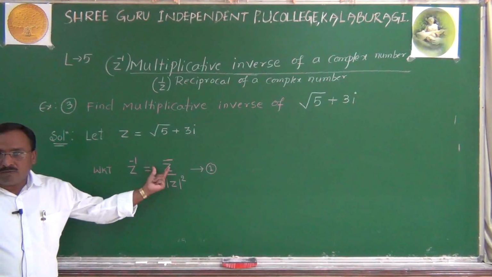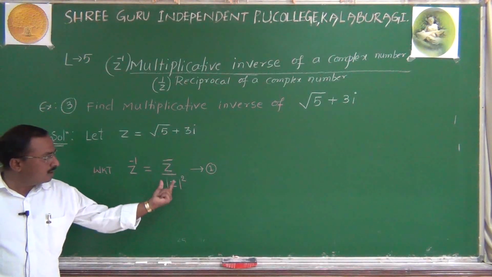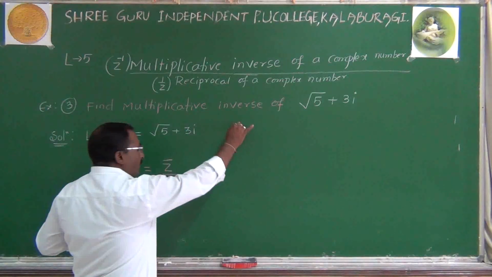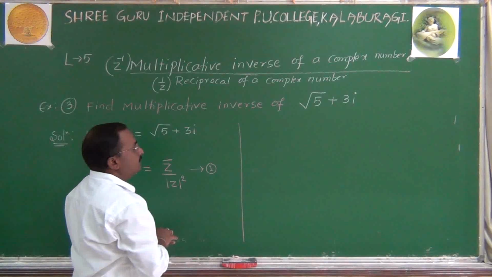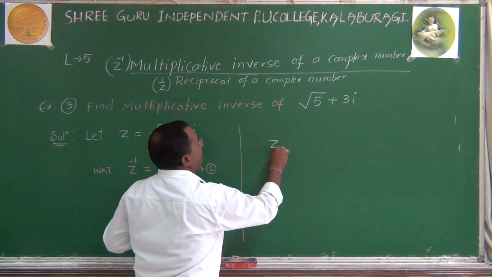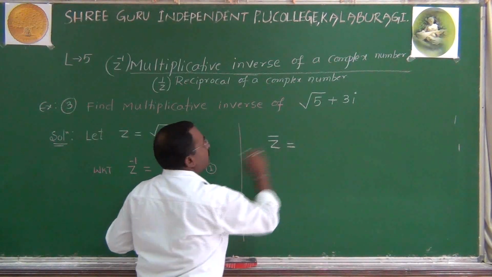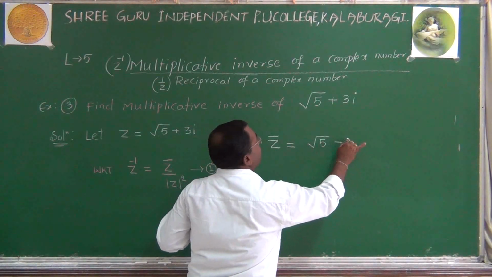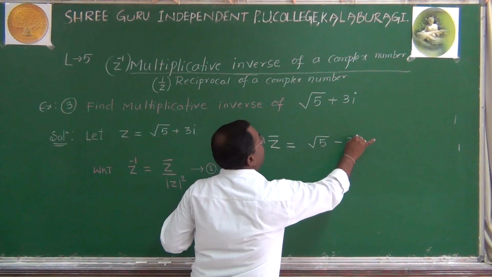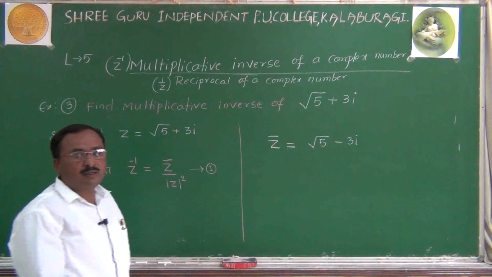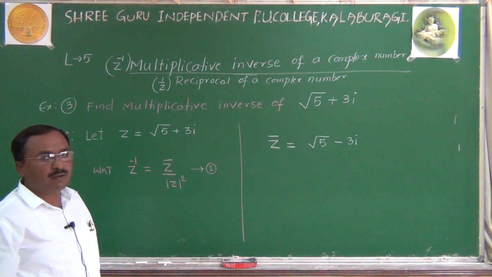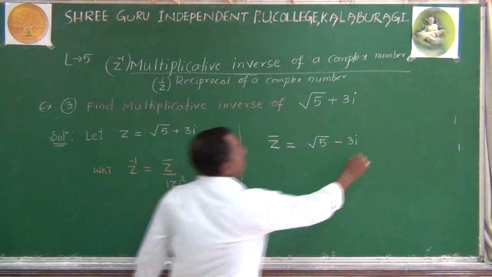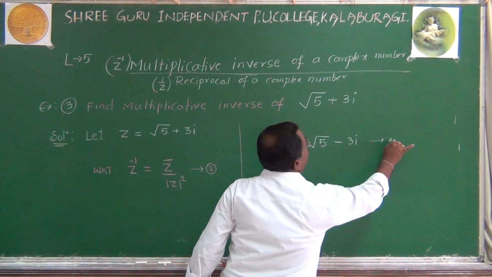Find the value of z bar and modulus of z whole square. z bar: keep the real part as it is and change the sign of the imaginary part. Root 5 plus 3i becomes root 5 minus 3i.